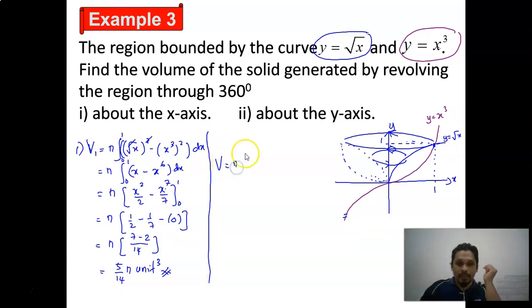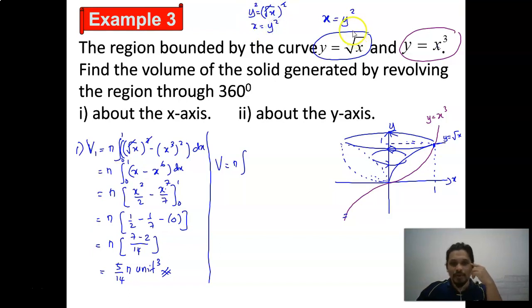V equals pi integral of y equals square root of x. Change this into the form of x equals a function of y. So if I square here, then also square here, x equals y squared. Am I right? y equals square root of x, so square left and right. There you go, x equals y squared.